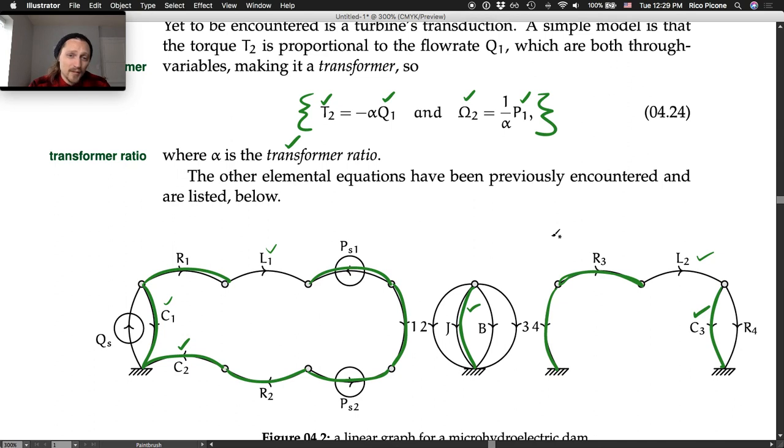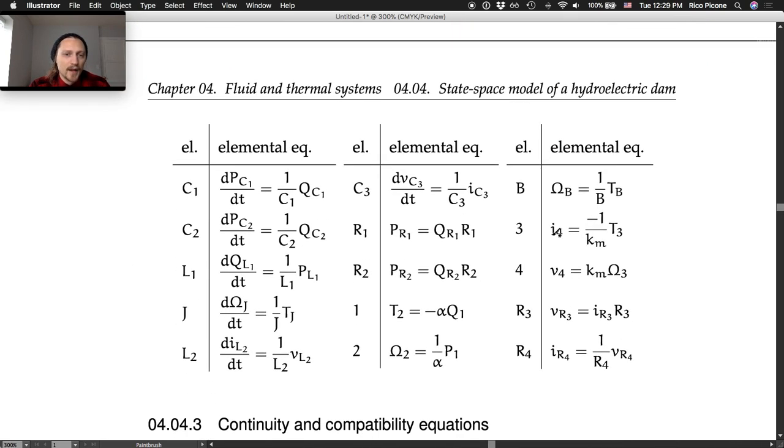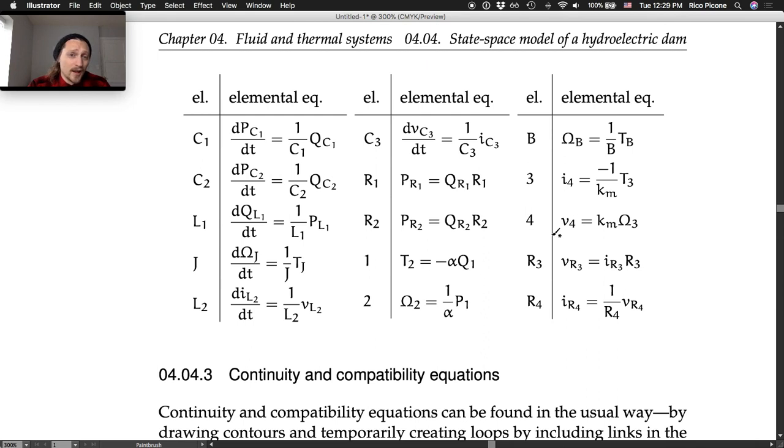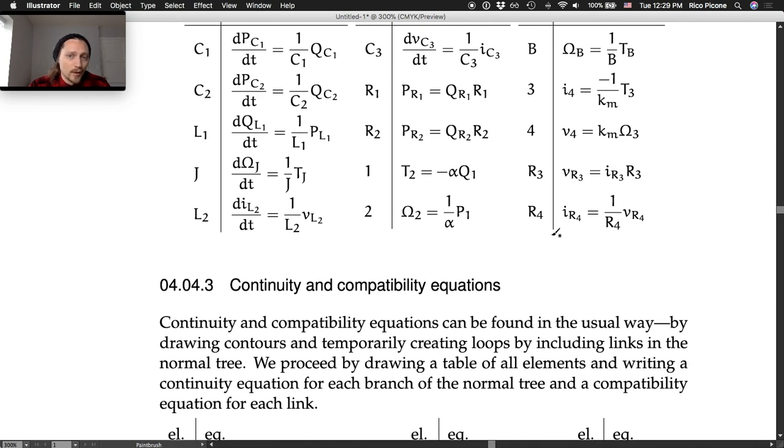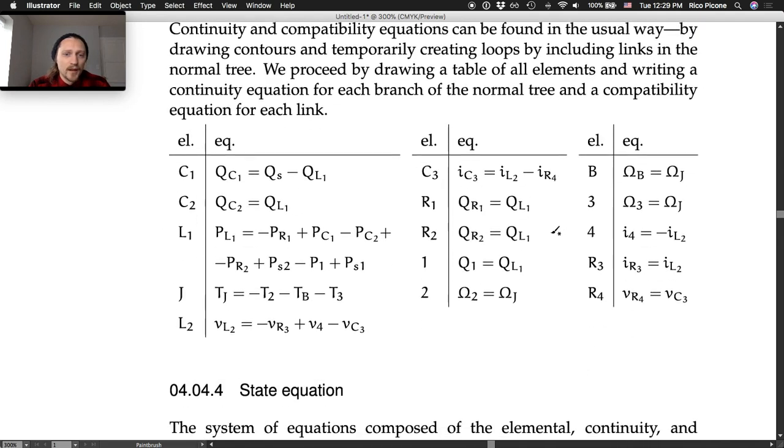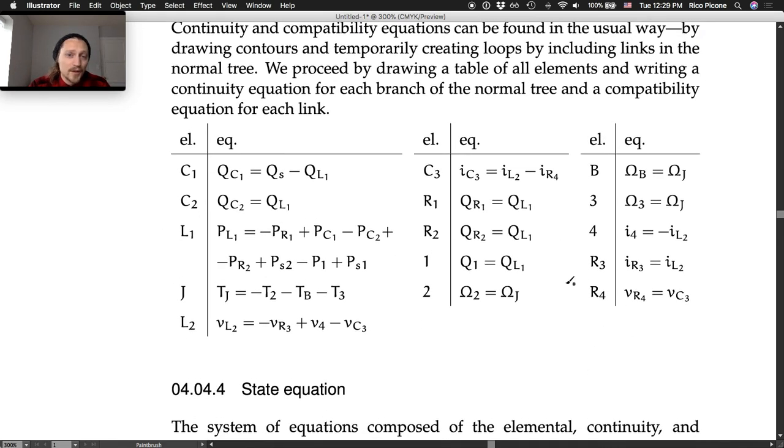Once we had the linear graph model, we applied our normal tree, found our state variables, found that it's sixth order, and then wrote our elemental equations, which are pretty straightforward. They're always the same. And then writing our continuity and compatibility equations, which required a little bit of interpretation, but straight out of the graph. And then it's just algebra to simplify it down to a state model.